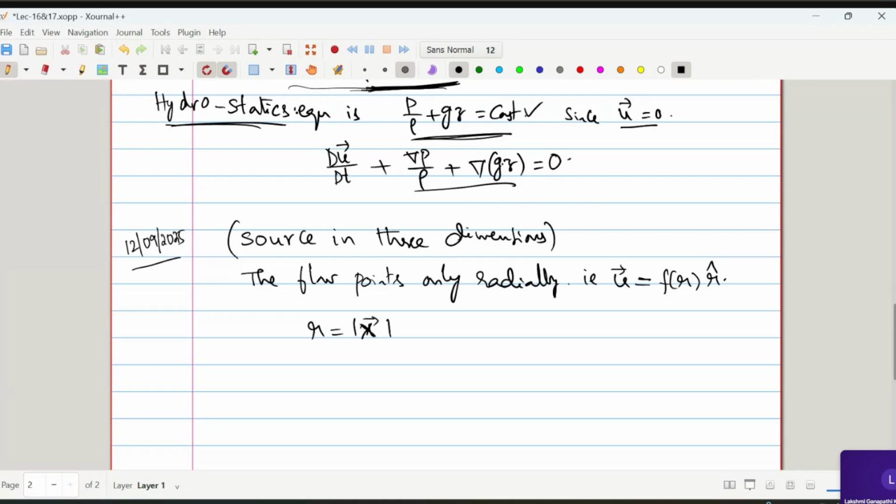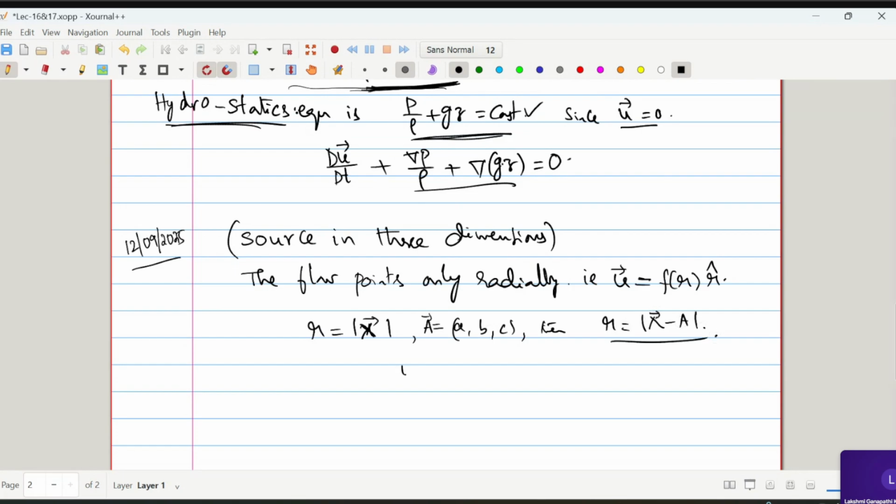We consider x, y, z like this. If a, b, c is the source, call it a, then we consider r as mod x minus a.